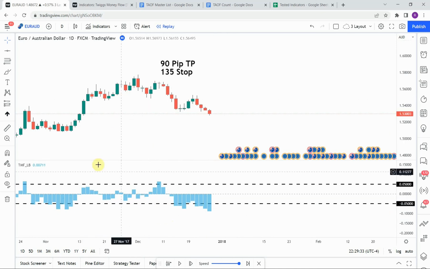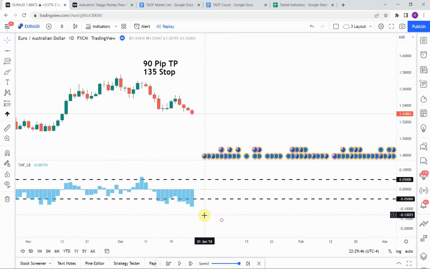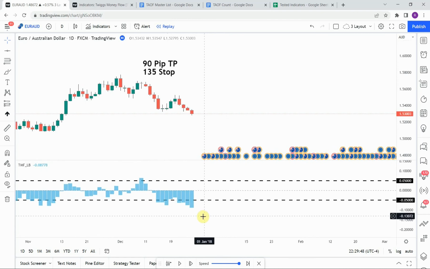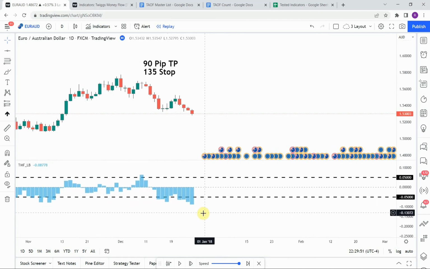So you get these instances where you go long, immediately back short, immediately back long, immediately back short, and so on. And that ends up with a cluster of losing trades, 4 or 5 in a row sometimes. And that really does just diminish the win rate quite significantly for an indicator.